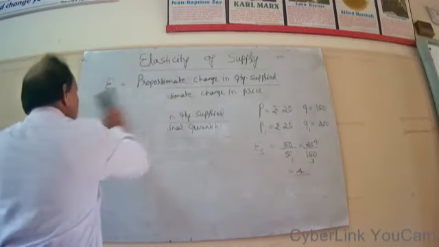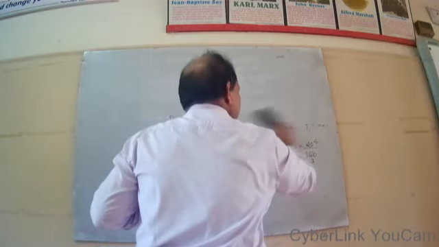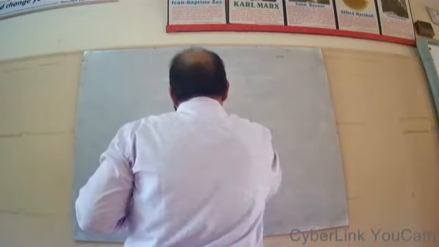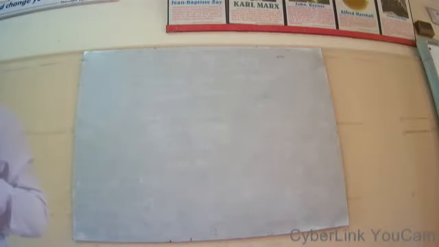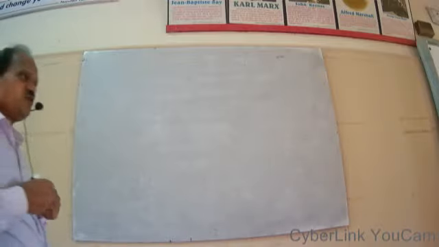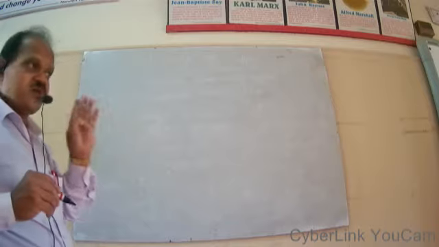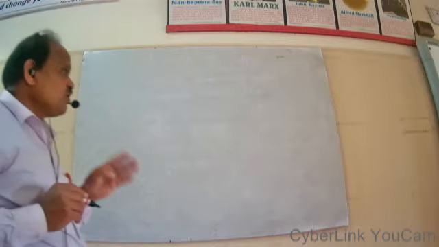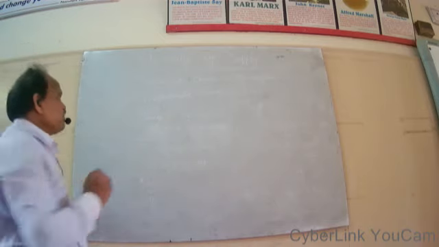Now let us study different types of price elasticity of supply based on the degree of responsiveness of supply to the changes in the level of price. So based on degree of responsiveness of supply due to a change in price, we can classify 5 different types of price elasticity of supply.